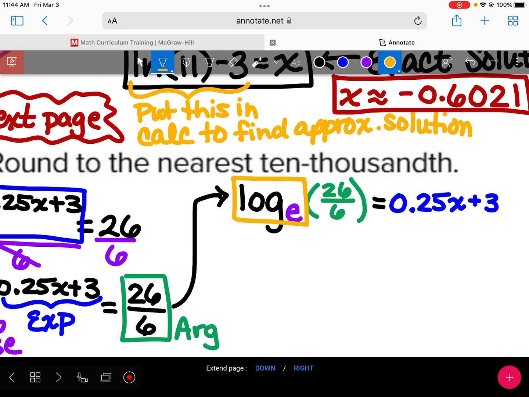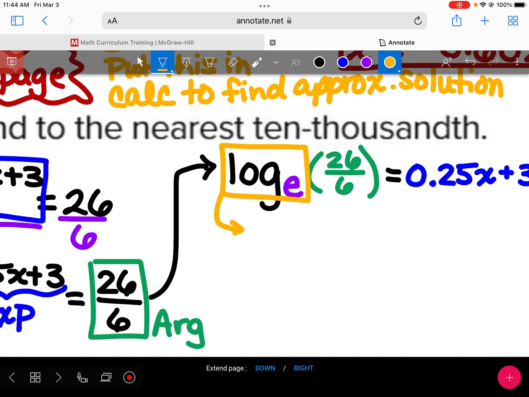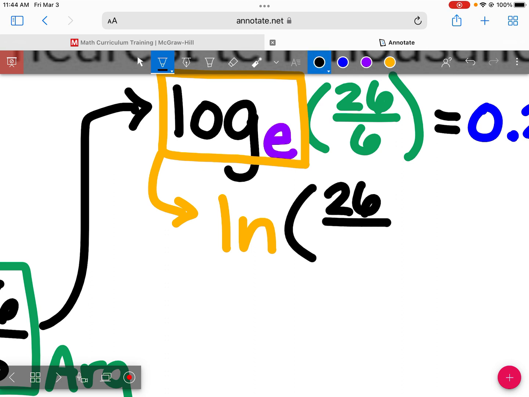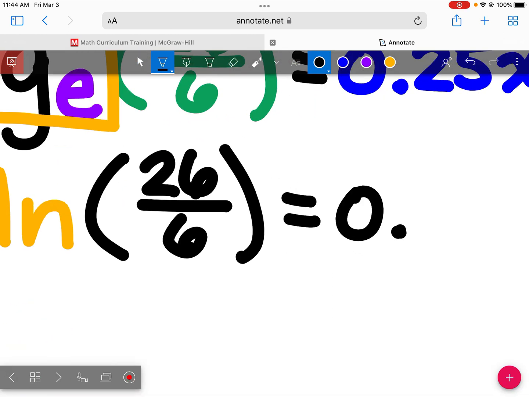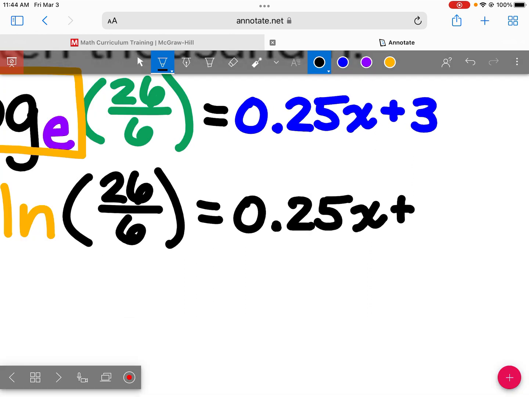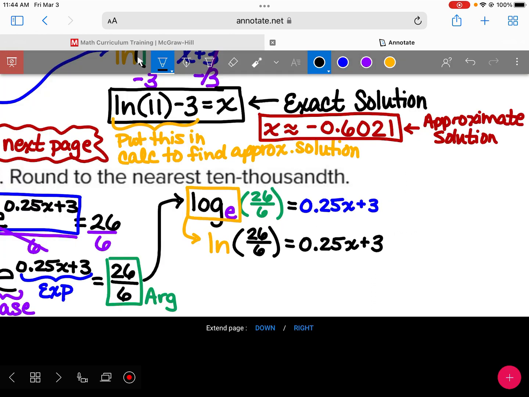Log base e is the same as what? ln. This is ln of 26 divided by 6 equals 0.25x plus 3.